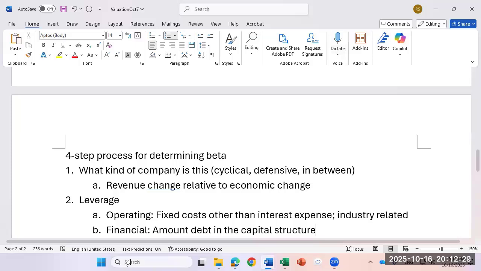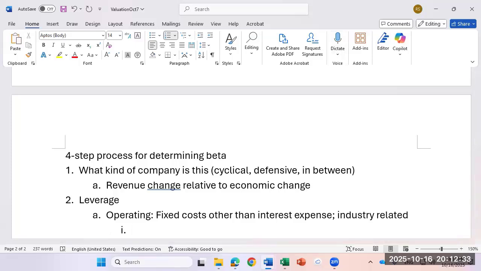So here's one of my theories on operating leverage. I haven't heard the Modrens say this, but this is my theory. If firms have high fixed costs, this would imply higher EBIT margin volatility.